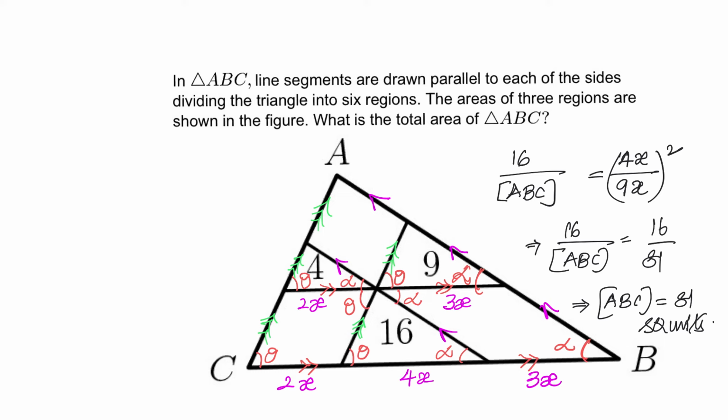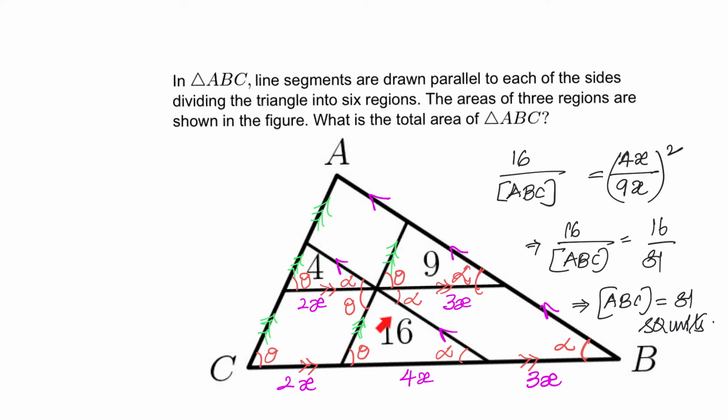The triangles which have been given with areas 4, 9 and 16 are similar to each other, and also they are similar to the big triangle ABC. Once we understood that, we applied the areas of similar triangles theorem, and we were able to find the ratio of the corresponding sides. Once we know the ratio of the corresponding sides of any one of the triangles with respect to triangle ABC, we can use the theorem that areas are in the ratio of squares of their corresponding sides.